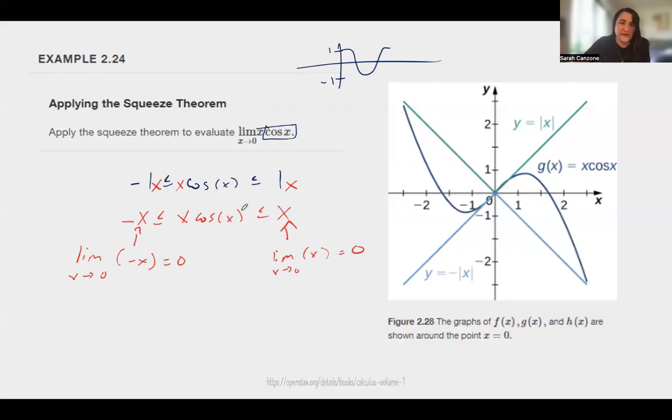Since the limit of the left is 0 and the limit of the right is 0, that tells us the limit as x approaches 0 of x cosine of x must also be 0, as is shown in the diagram. So because we're able to squeeze it between two different functions that we know, -x and +x, we can know exactly what's going on between those two functions.